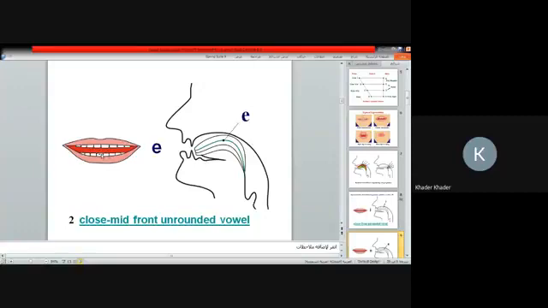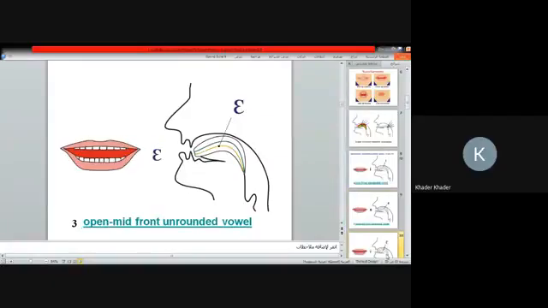Now here is the shape of the lip and the height of the tongue. Number 3 is an open-mid, front, unrounded vowel. Now the height of the tongue is stated.